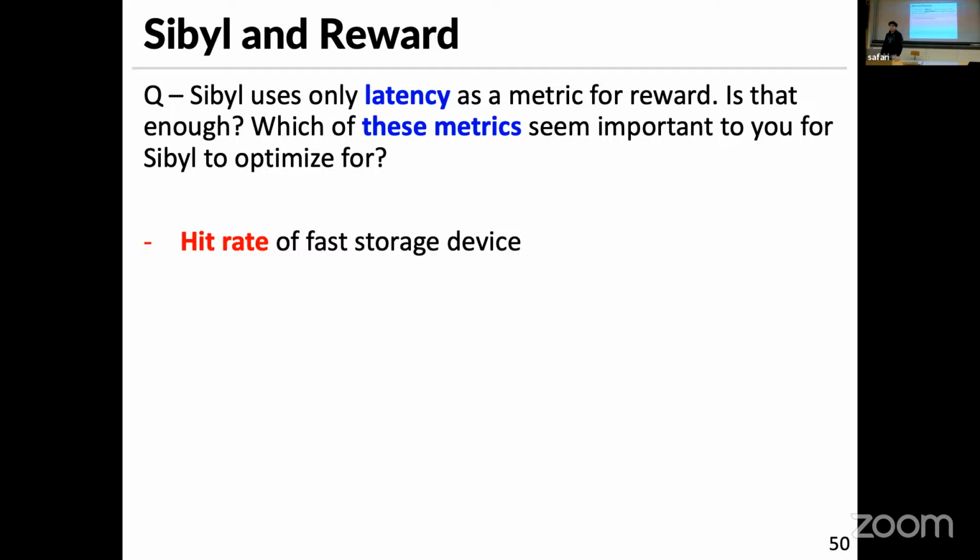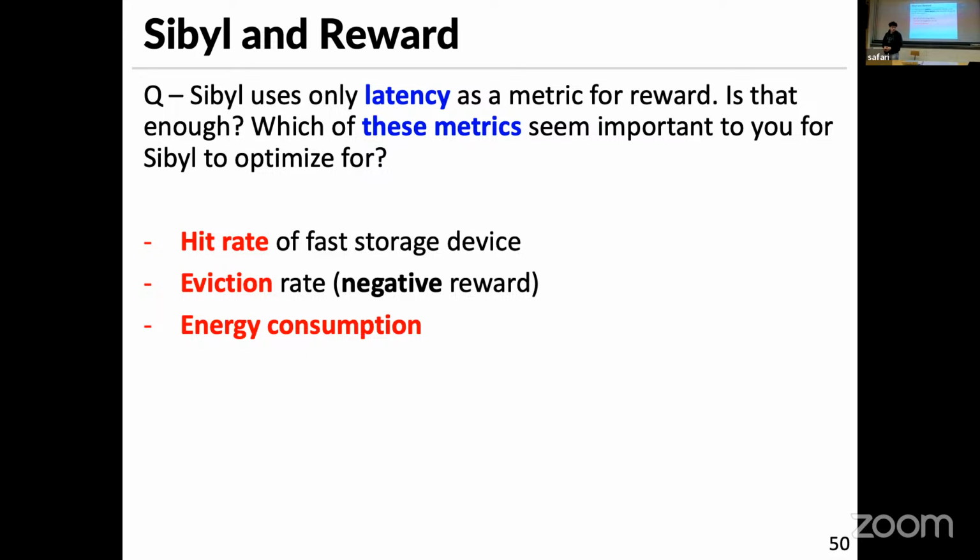First, there would be the hit rate of the fast storage device. I think it's self-explanatory. There would be the eviction rate, so how many times are you evicting pages on average from the fast storage device to the slow storage device, and you would give a negative reward for that.